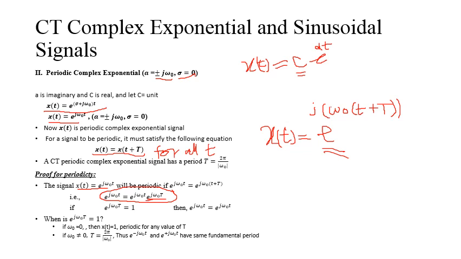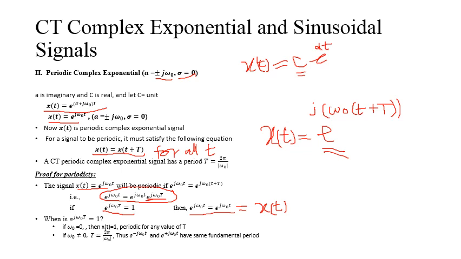Then e power j omega naught t equals x of t, so x of t plus capital T equals x of t. If this expression equals 1, then the condition is satisfied. So let's check when this happens.